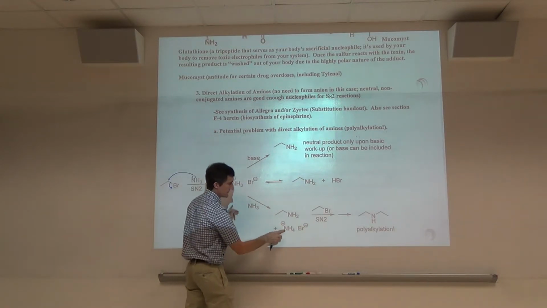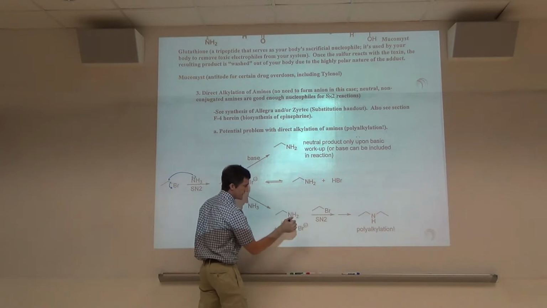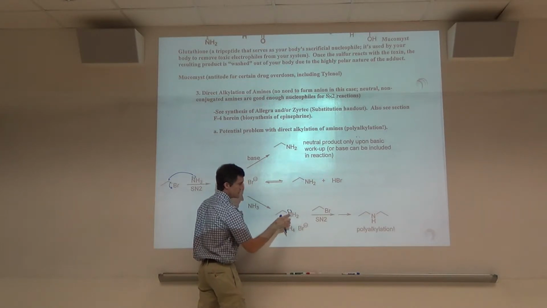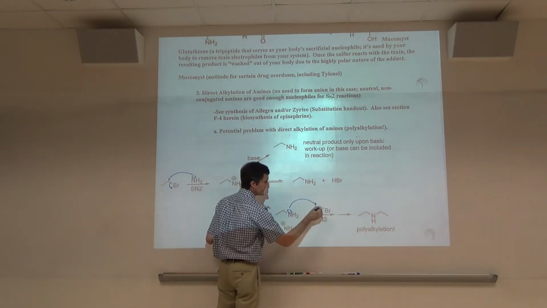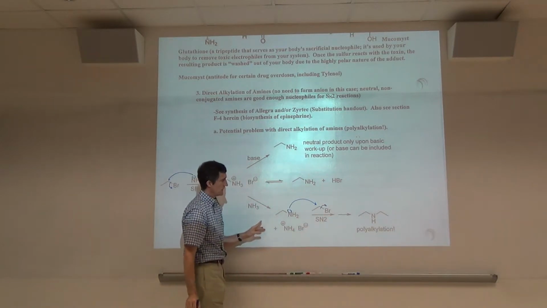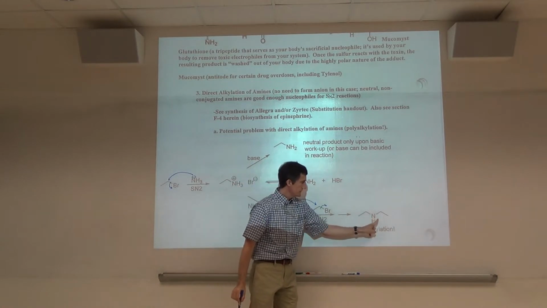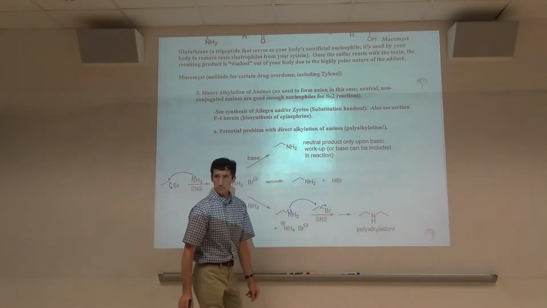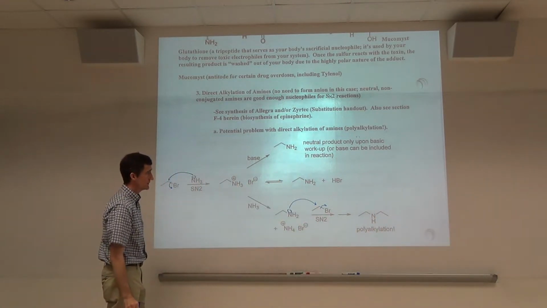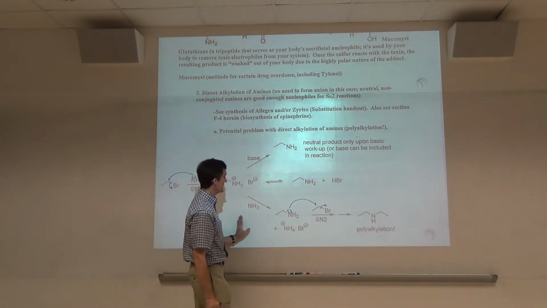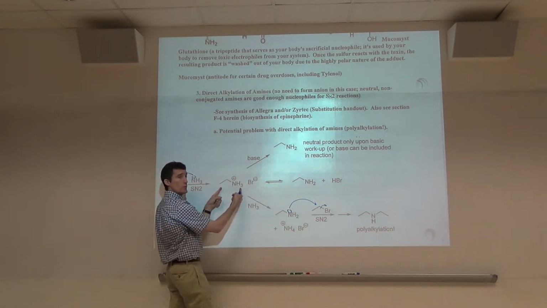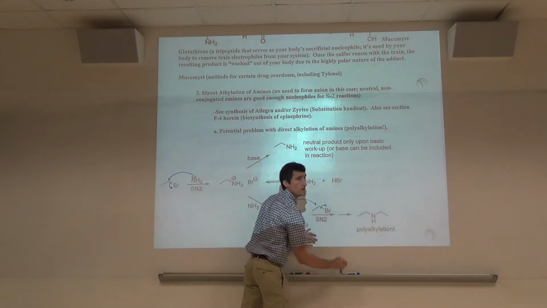Now if we remake this, well, then that's a nucleophile, and it can react again. If it reacts again, we get another alkyl on the nitrogen, and this is shown neutral. And instead of adding just one alkyl, like maybe you wanted, you end up with 2.